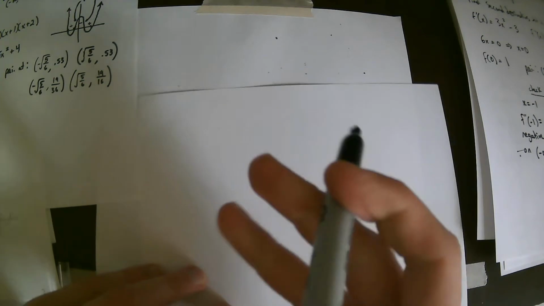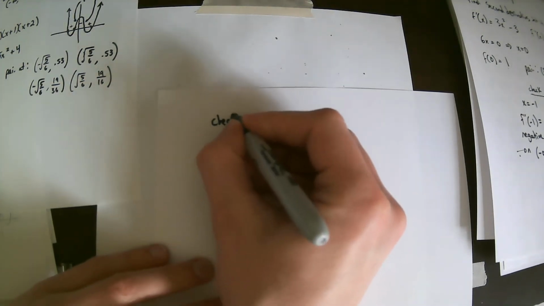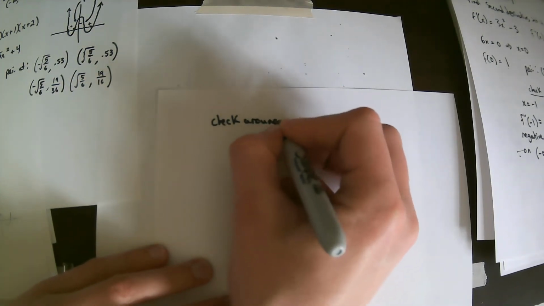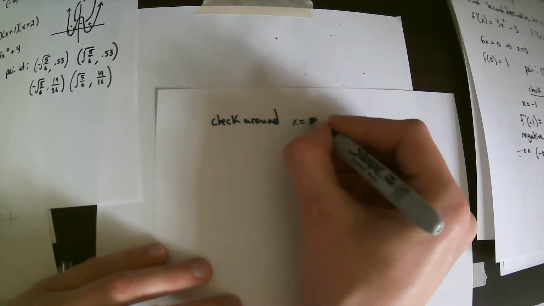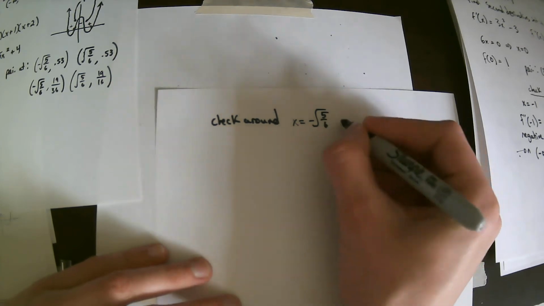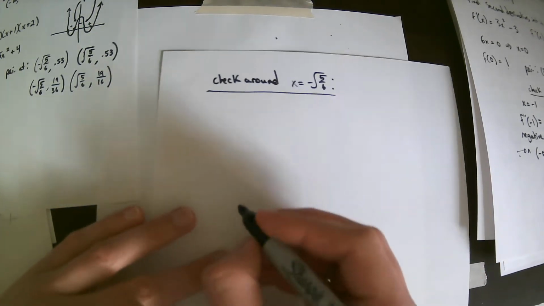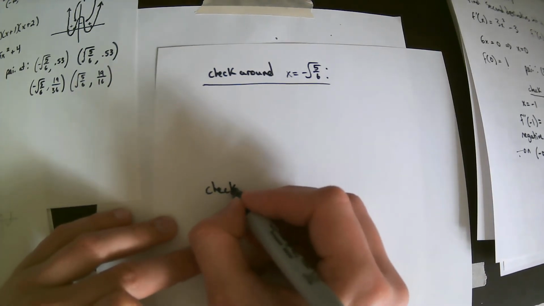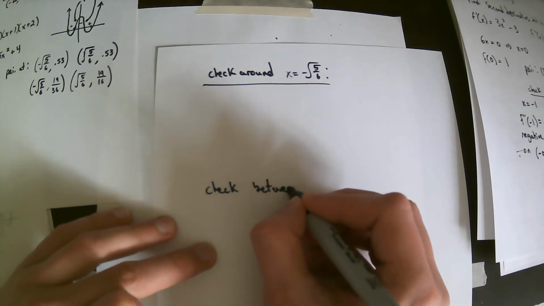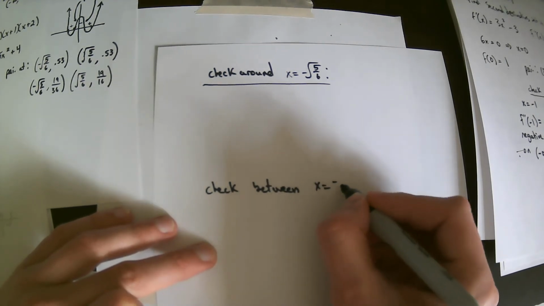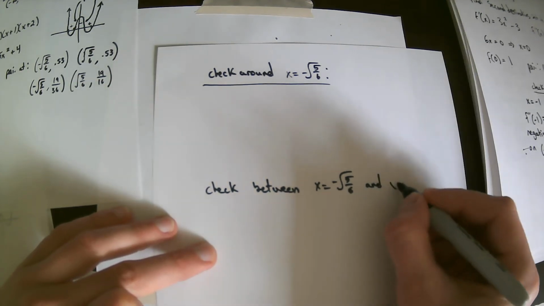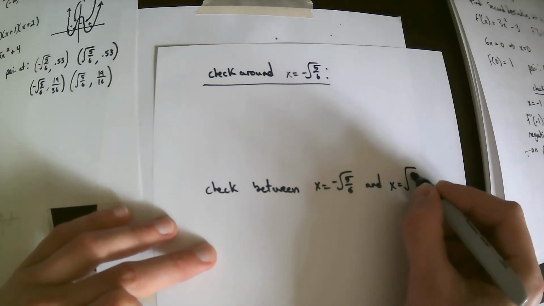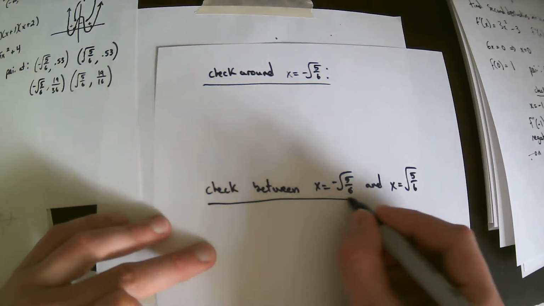So we need to check between, and you can make a little table for these.